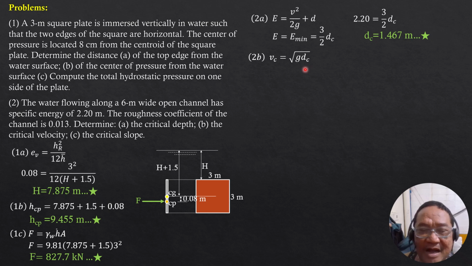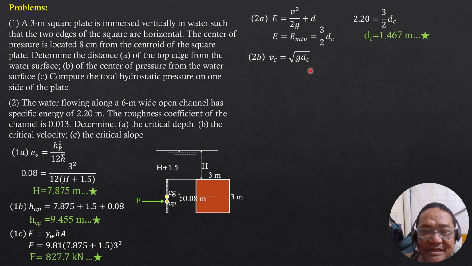So again, use the formula Q squared over g equals area cubed over top width.